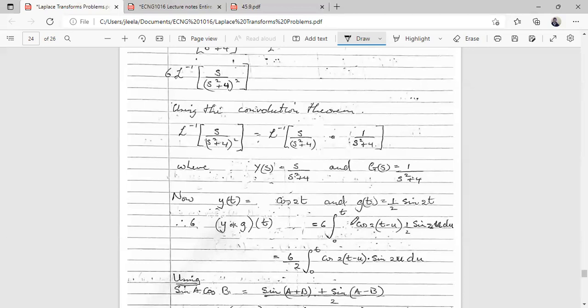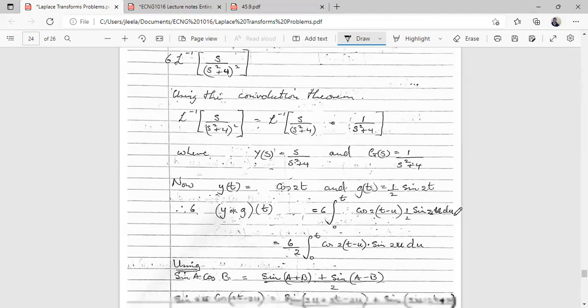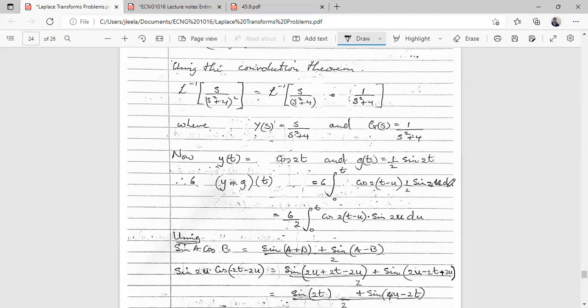So cos 2t will be cos 2 times (t minus u). And then for the other function, your t changes to u. So the first function changes to t minus u, and the second function changes to u. So you have here now multiplied by a half sine 2u du. Remember you're integrating with respect to u now.